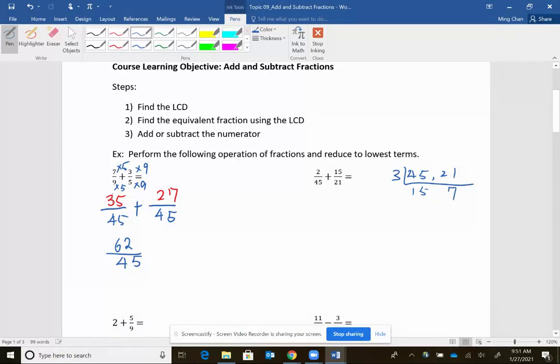And there's no one number that can go into both 5 and 7 other than 1. So now I've got to do this big old multiplication on the outside. 3 times 15 is 45. So now the problem becomes 45 times 7 in order to find my LCD. This is 35. 7 times 4 is 28 plus 3, which is 31. So my LCD is 315.